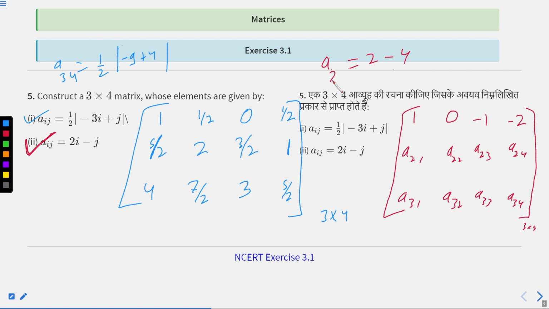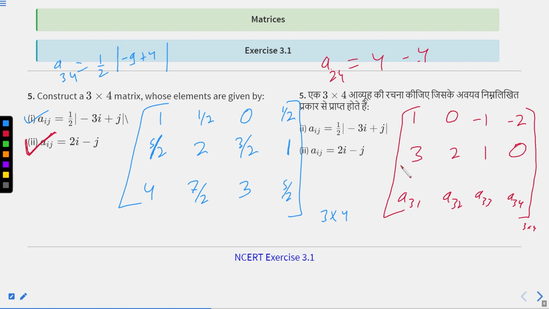Now A21 means 2 multiplied by 2 minus 1, so 4 minus 1 will be 3. A22 means 2, A23 means 1. Okay. Now A24 means 0.